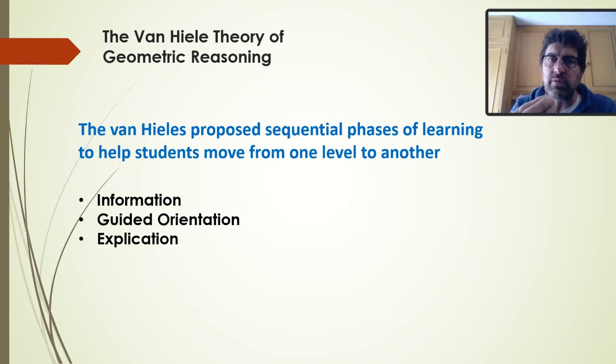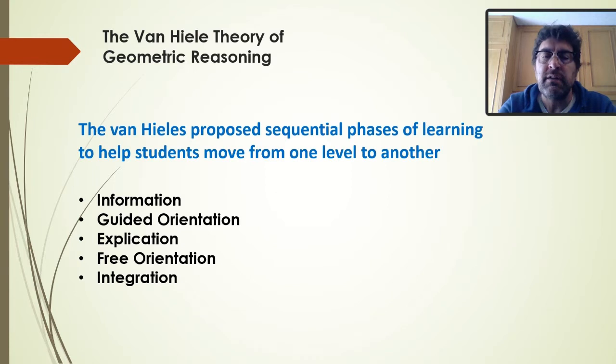What is foregrounded as important knowledge falls under the heading Explication. Then free orientation means they go and apply the new knowledge to problems that you carefully designed as a teacher to bring them into the next level. And finally, the integration, where you take these ideas and put them together, how they inform one another about the object that we are studying.